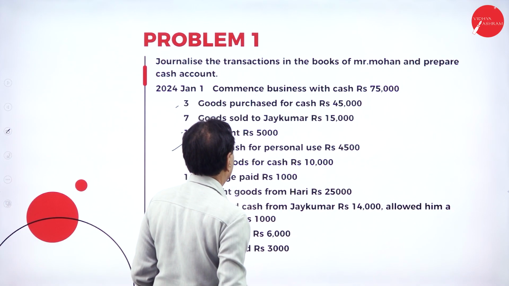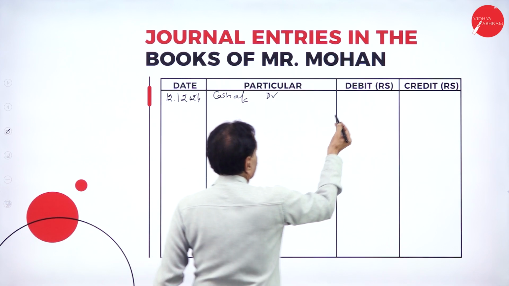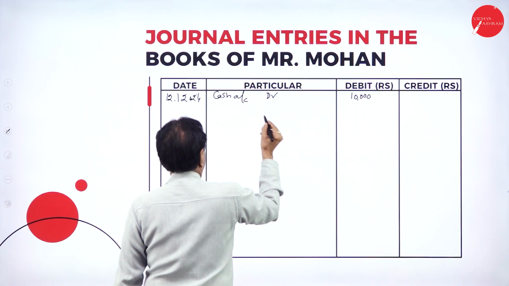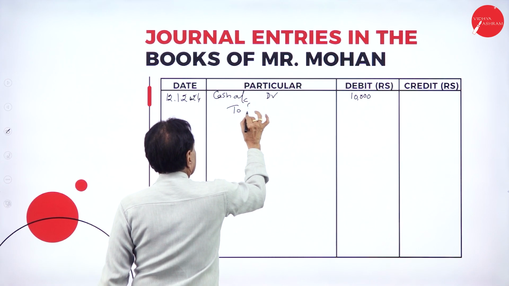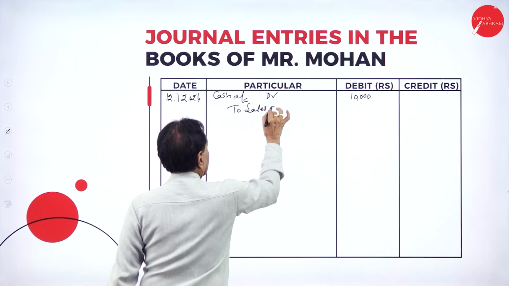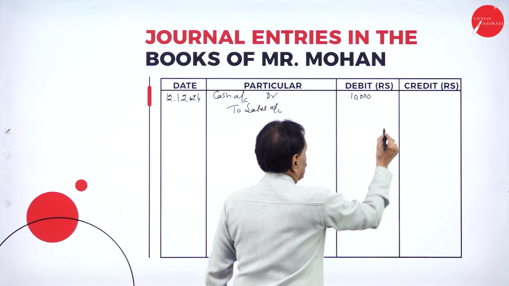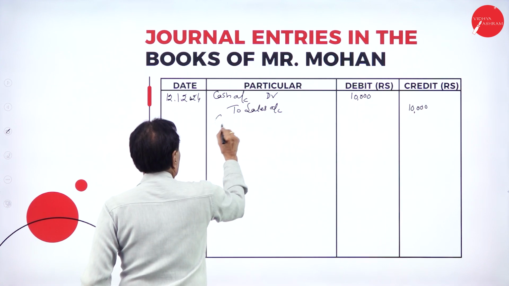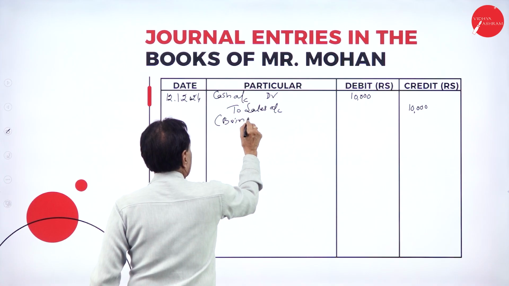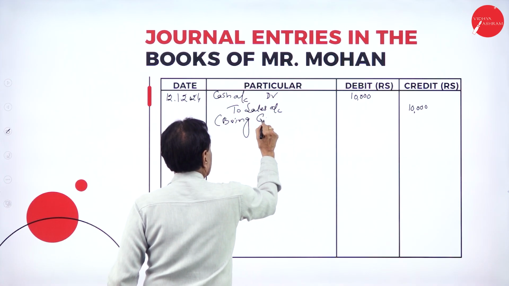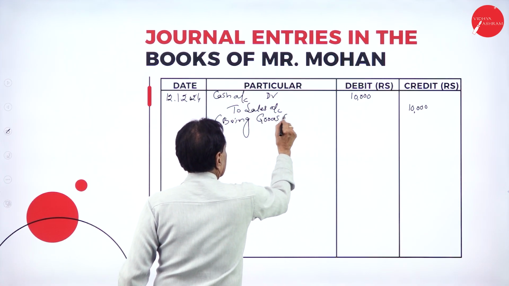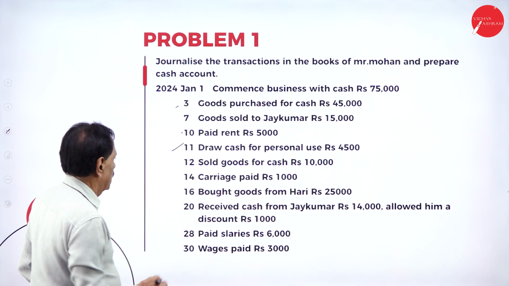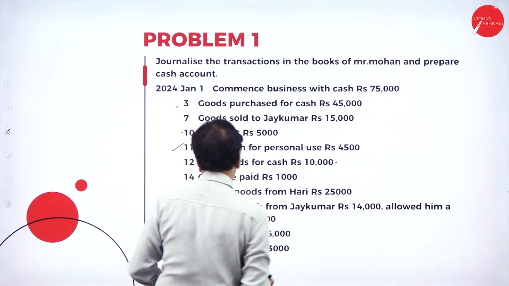Goods sold, 10,000, to sales account, 10,000. Being goods sold. So sold goods for cash is over.